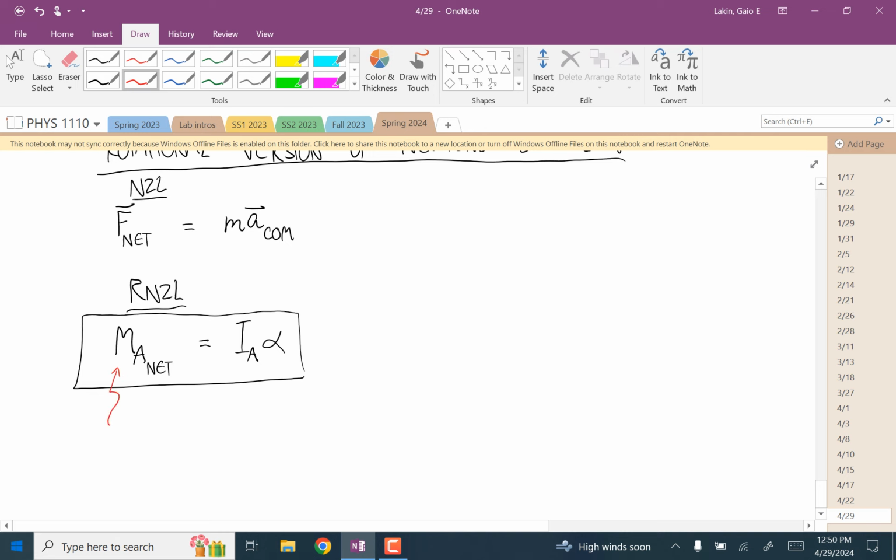We have to define two of these things still, but this moment is the rotational version of a force. It's not really a force, it's something a little bit different, but it acts the way a force does in producing rotations.